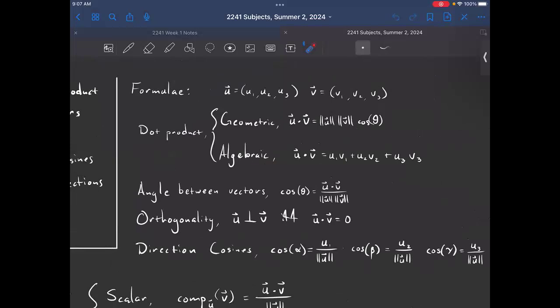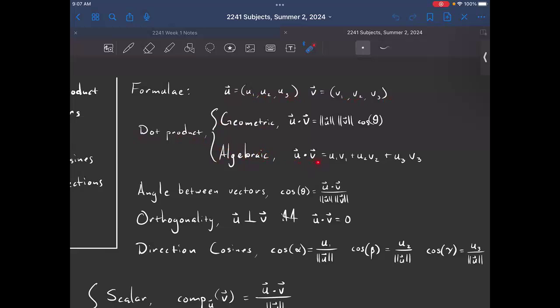So we have, as usual, our two vectors u and v with components 1, 2, 3, 1, 2, 3. And here is the mathematical definition of the dot product. So we have two versions of it. This one usually comes first, actually, and so I'll say that one first.